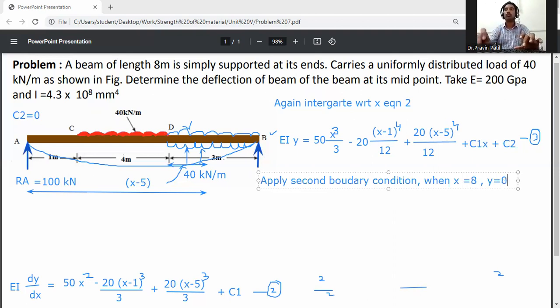Put in equation 3, and C2 we have already calculated, C2 will be 0.